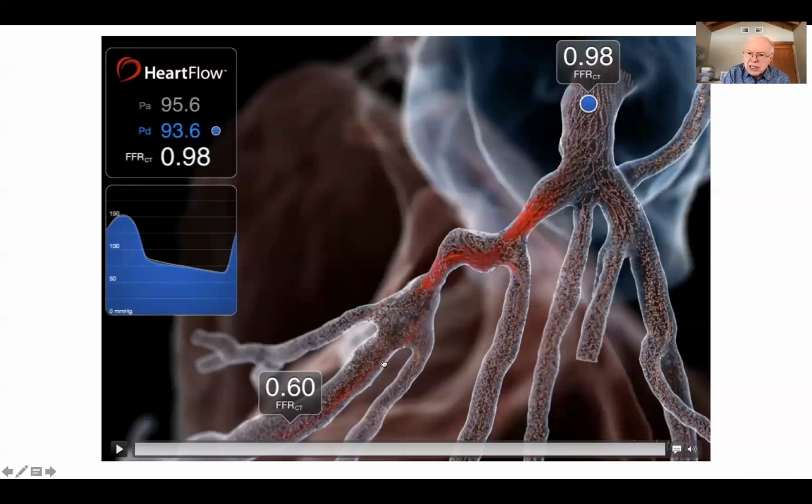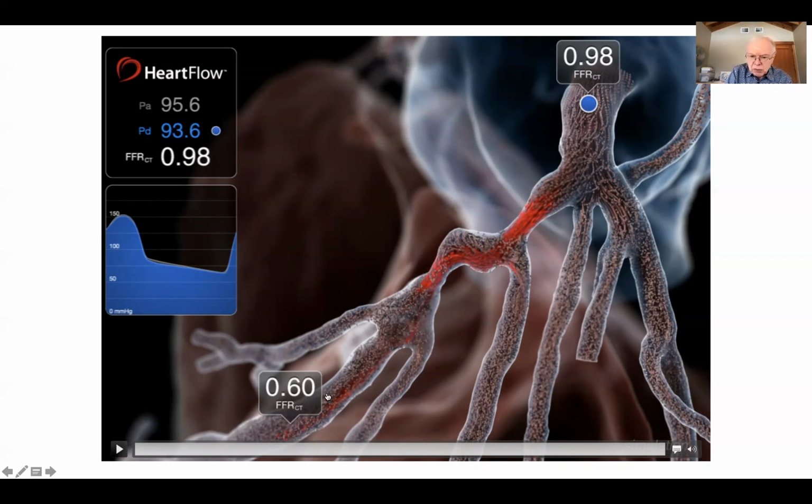So you have diseased blood vessels, and you solve the full Navier-Stokes equations, and you get the pressure drops. In essence, the pressure drop is called FFR. When you do it virtually, it's called FFR-CT. And that's what they offer, a non-invasive technology to give you the gold standard of coronary disease diagnosis.